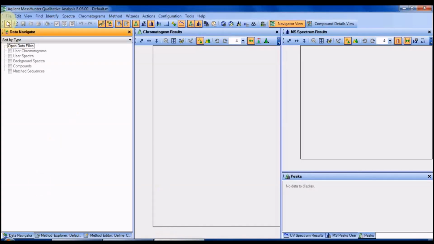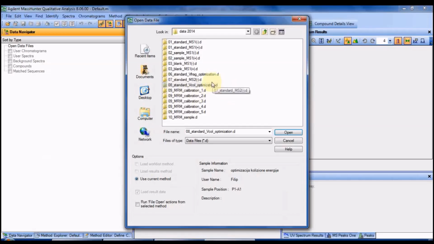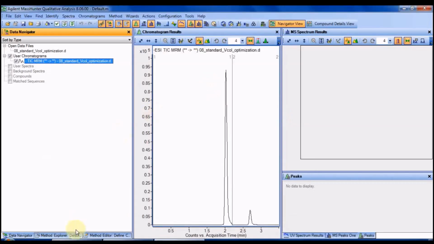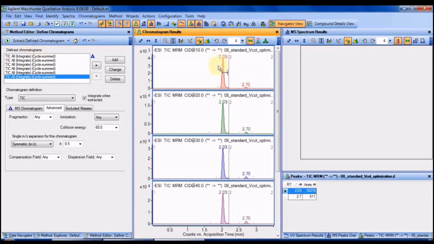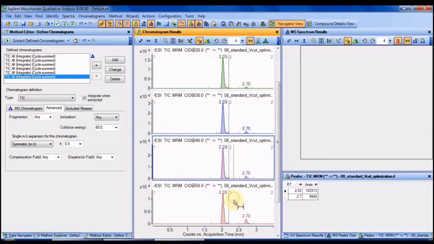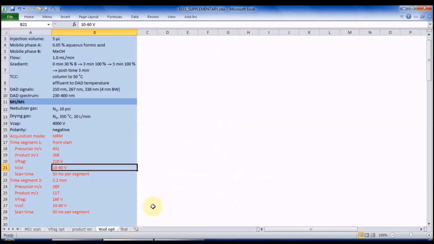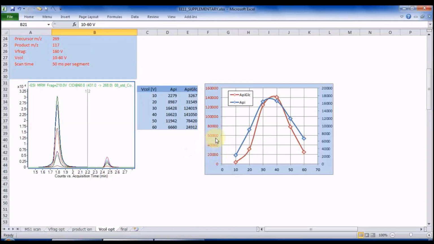We can now process our data. So we extract chromatograms for each collision energy. We read peak areas and plot them versus collision energy.